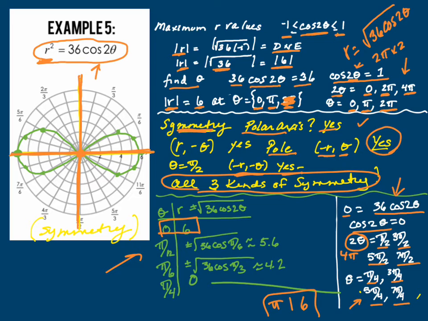So we already know at 0 it is 6. So I have a point, this is 6 out here, I guess. So I have a point at 0, 6. At pi over 12, it became 5.6.